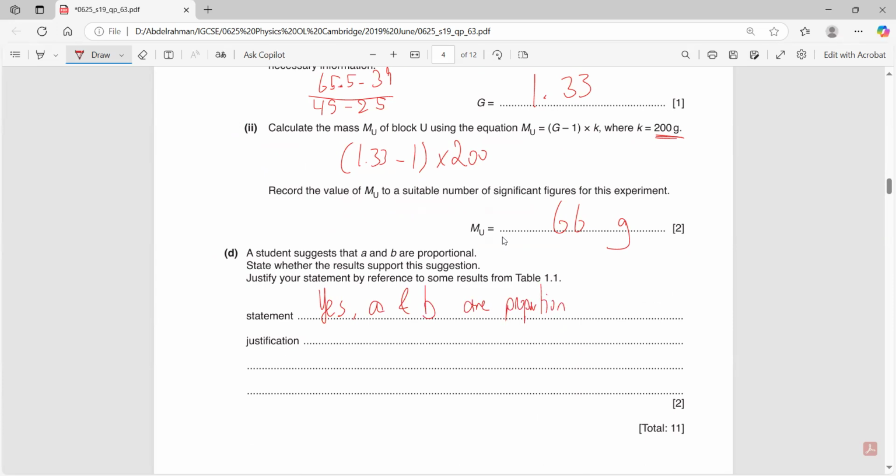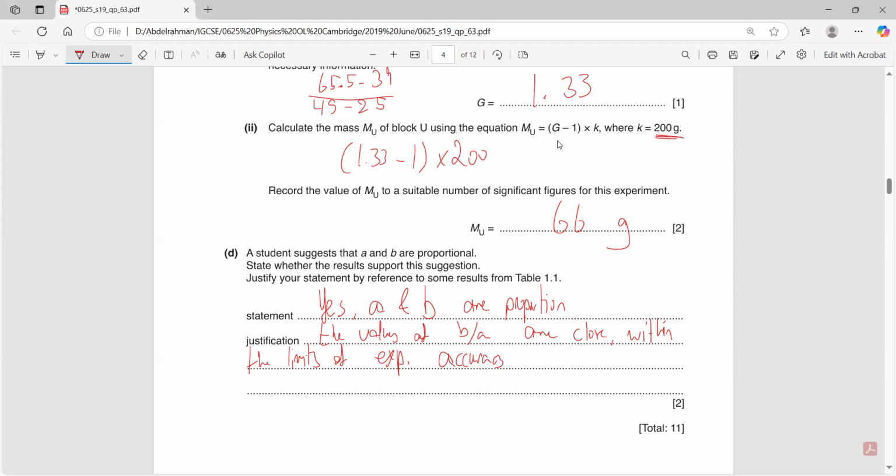Because the values of B over A are close and within the limits of experimental accuracy.